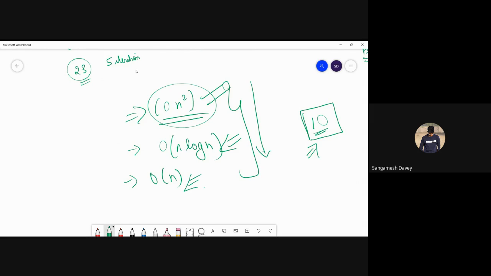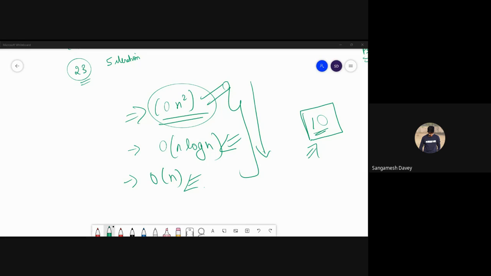Can anyone tell me algorithms which fit in the O of n square? The most basic algorithm that you learned in your first year? Bubble sort, obviously. Anything else? Selection sort. Okay. One more.